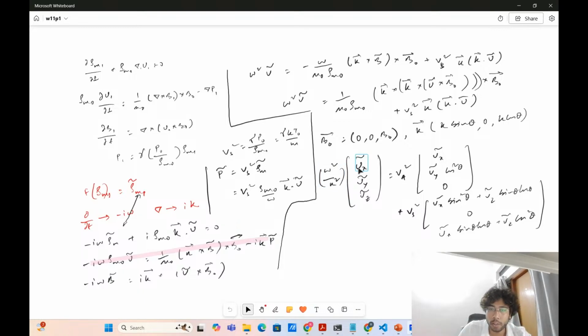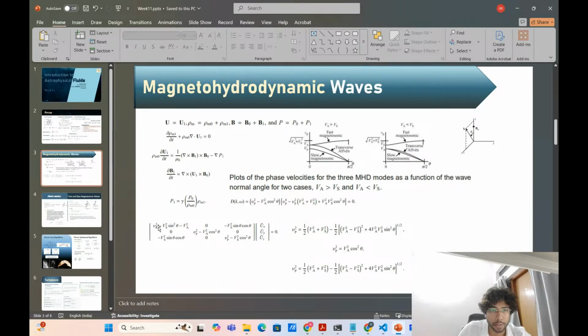So for example, the coefficient of ux is omega square by k square minus va square minus vs square sine square theta, right? So this is what you have over here: omega square by k square minus v square sine square theta minus v square. Okay. So similarly, you can see the other factors as well.